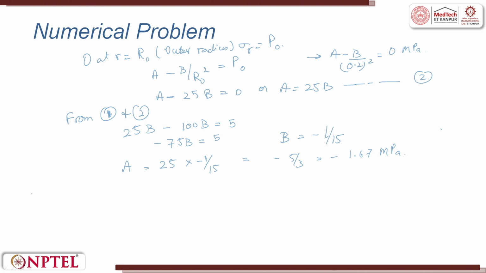So from here, if you want to calculate the radial stress, sigma r at r equal to 0.15 meters.